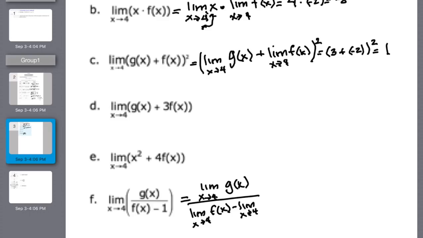So each one gets a limit. Okay. So we know the limit of g(x) happens to be positive 3. We knew that from above. f(x) happened to be, what did it be? -2. And of course the limit of a constant is itself. So we get 3 over -3, which reduces to -1. Okay. So try D and E on your own.